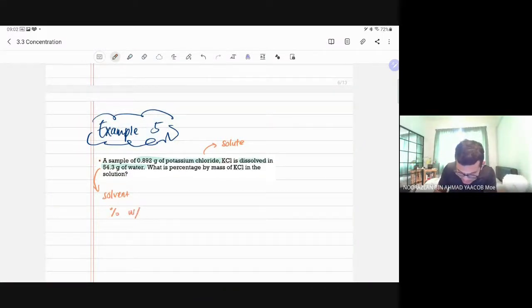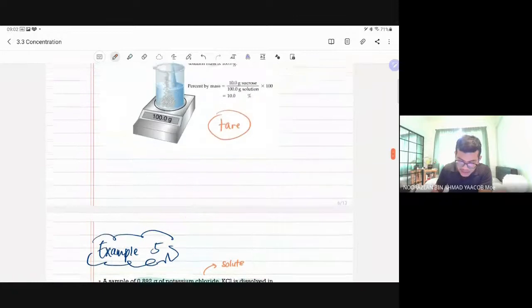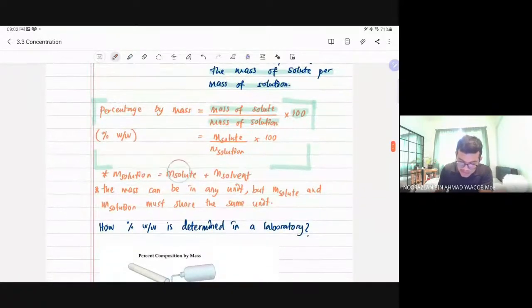Percentage by mass sama dengan mass of solute bagi mass of solution darab 100. Di sini tiada mass of solution. Dia tak bagi mass of solution. Okay. Tapi dia bagi tahu solute dengan solvent. Dan kita tahu solution adalah, kalau kita tengok balik dekat atas ni, mass of solute tambah mass of solvent.